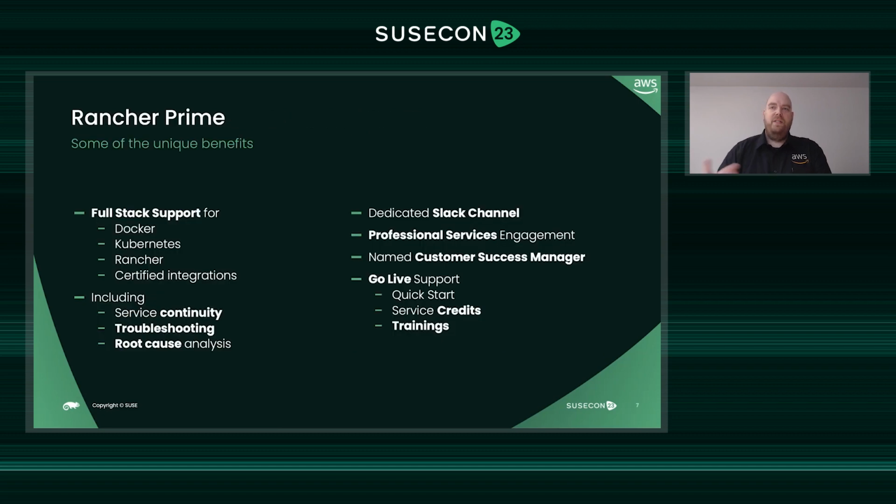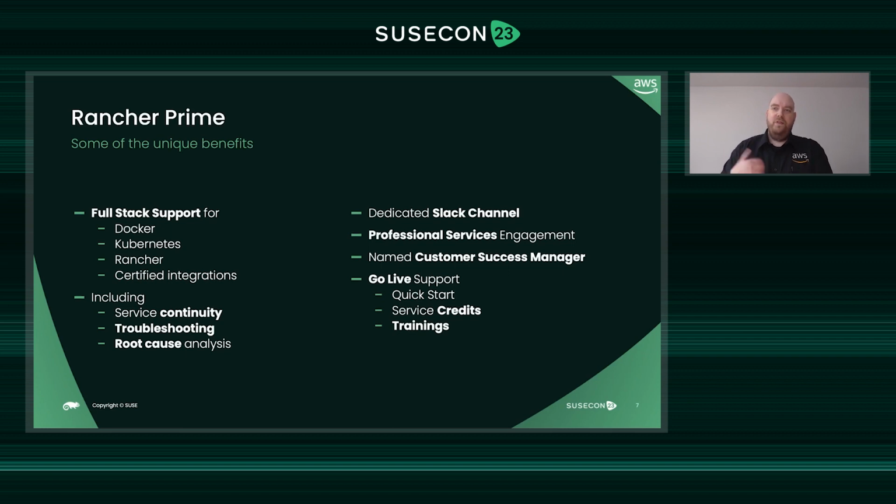So now that we understand ECM, what's Rancher Prime? Compared to Rancher, which is an open source project and mainly supported by the community, Rancher Prime is the commercial offering from SUSE with enterprise support and defined SLAs.